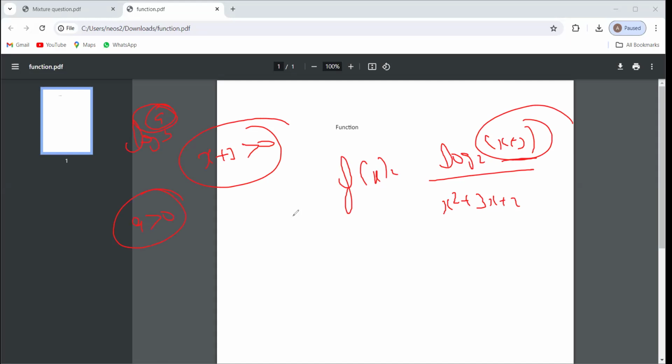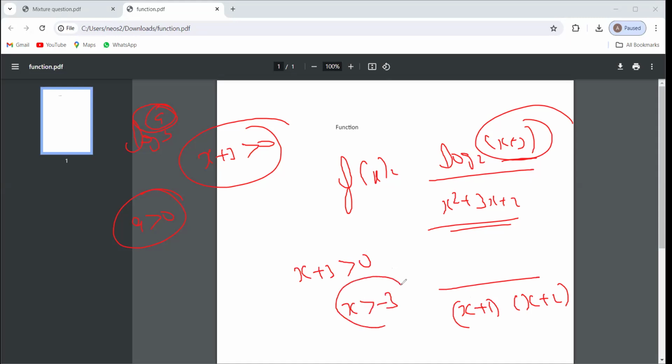What is written in the denominator? x plus 1 into x plus 2. The first condition is that x plus 3 has to be greater than 0, so we get x is greater than -3.